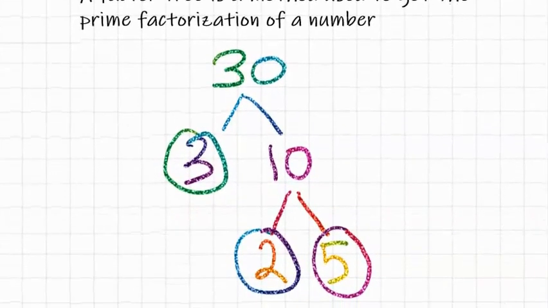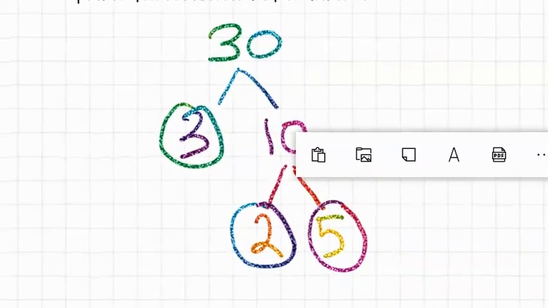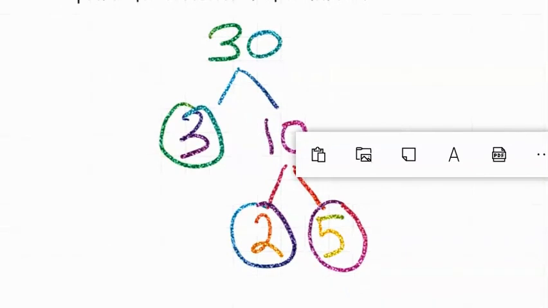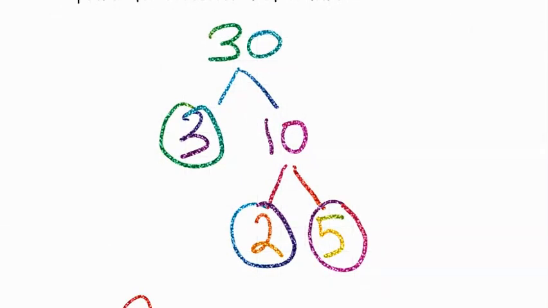Now I'm going to go ahead and rewrite these numbers, and I'm going to start with least to greatest. So I'm going to write 2 times 3 times 5. You could cross it out each time you use a number so you don't forget that you've used it.